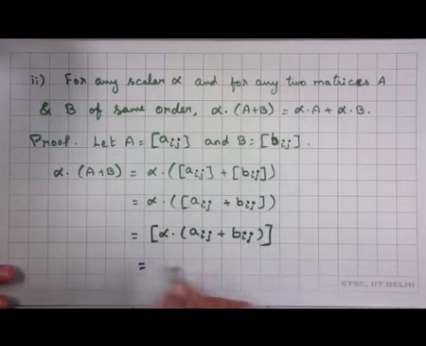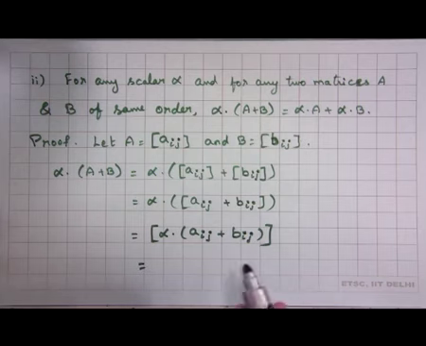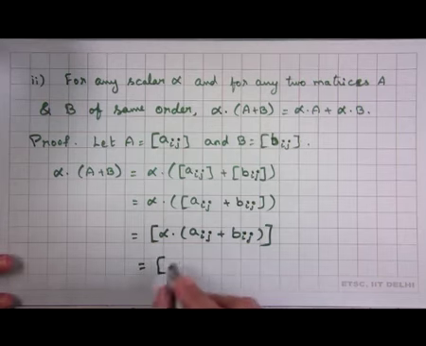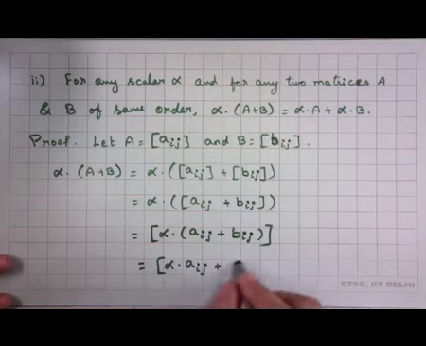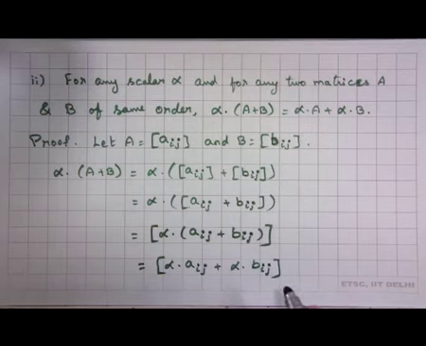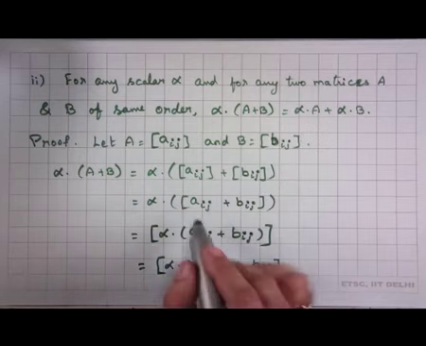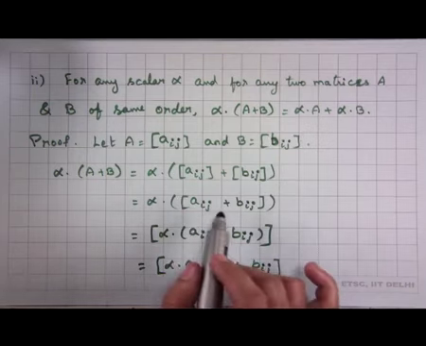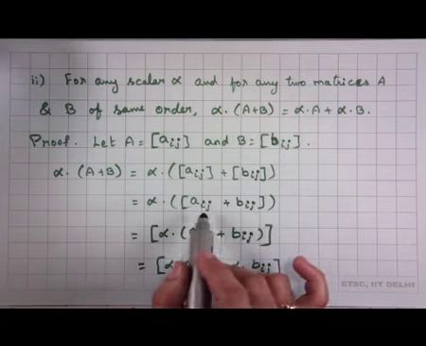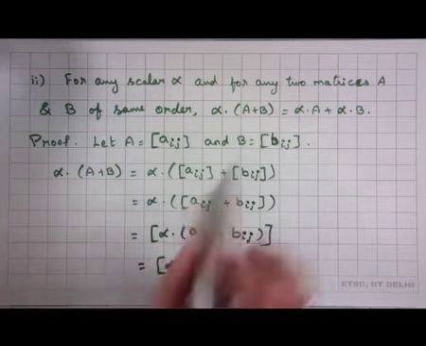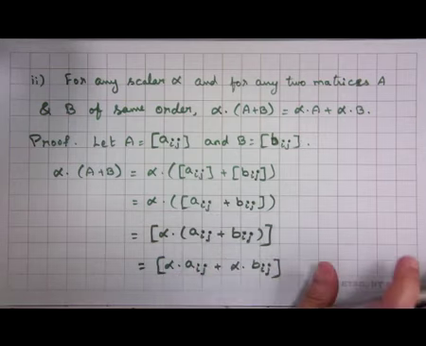Again use the fact that addition and scalar multiplication are distributive, therefore this is the same as alpha dot Aij plus alpha dot Bij. One thing you will have to notice is that this holds because A and B are of the same order, therefore you can add them.